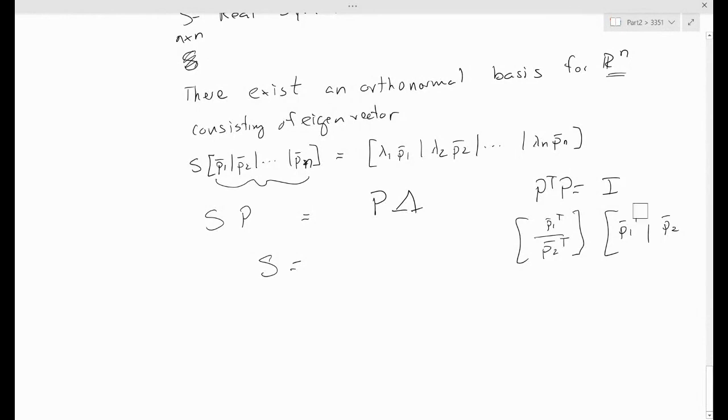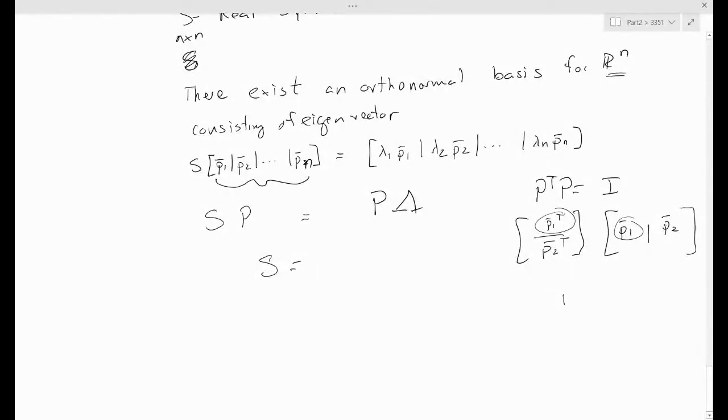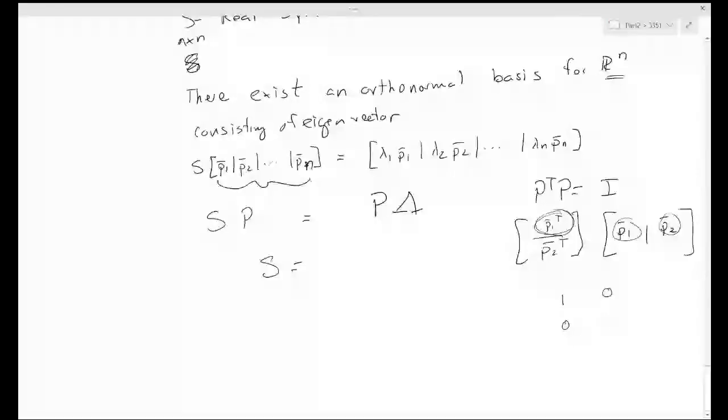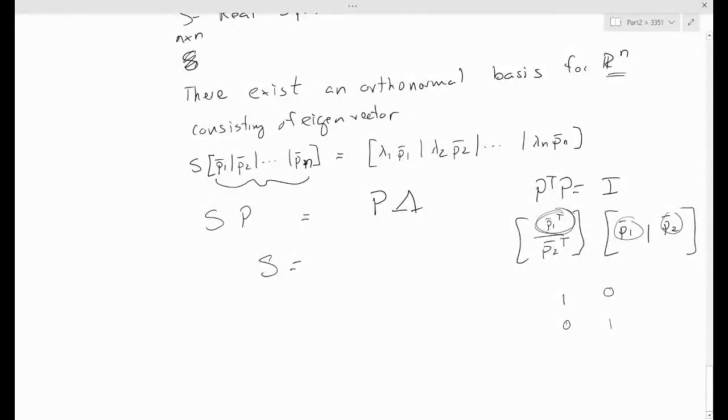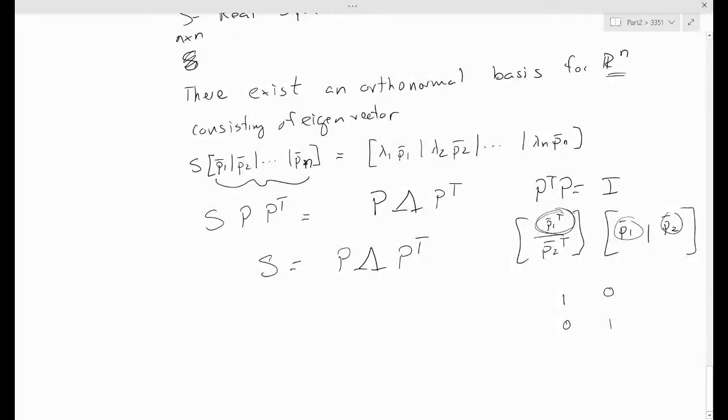So when you multiply P transpose with P, you get P1 dot P1, which is 1 because of the unit length. P1 dot P2 is 0 because they're orthogonal, and so you can prove that's the identity. So in that case, P transpose is the inverse of P, so you can multiply both sides by P transpose, and you get a symmetric diagonalization.